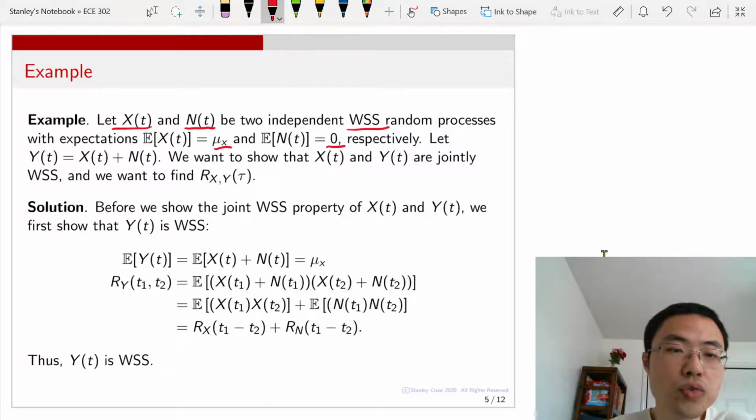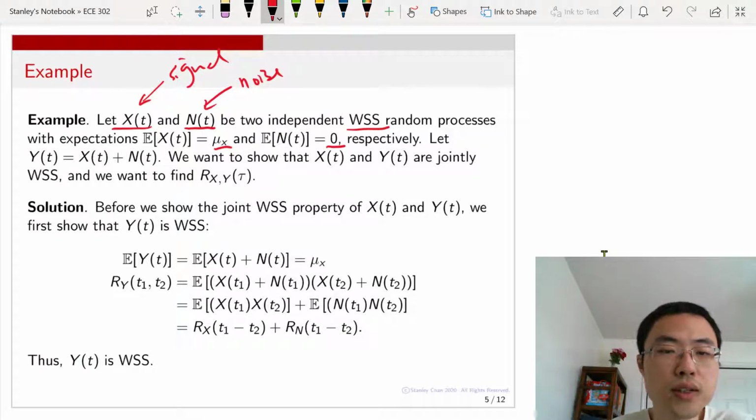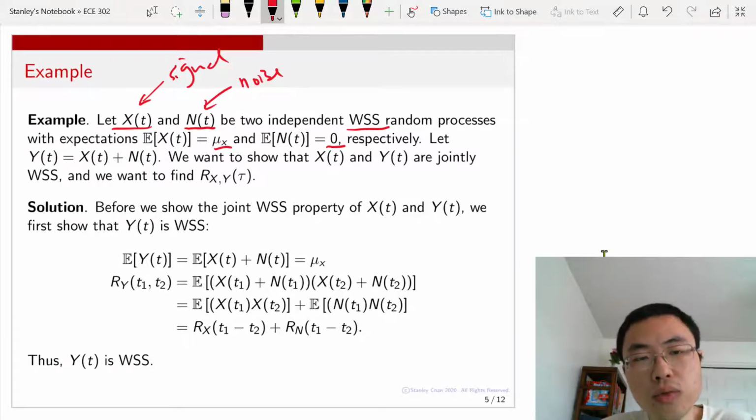So essentially you can treat this as a signal, and then here is your noise. So you have these two, then you compute y, the sum of signal and noise. You want to show that x and y are jointly wide-sense stationary, and we want to find the cross-correlation function between x and y.